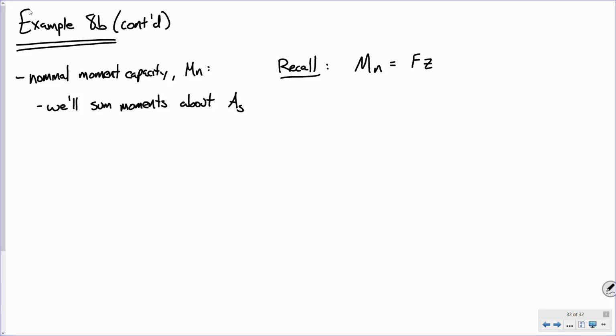So, would you agree with me that what we're dealing with is a beam that looks like this? We've got steel. I don't know how many bars, it doesn't really matter. That looks something like this.